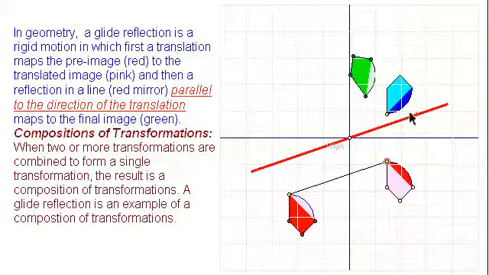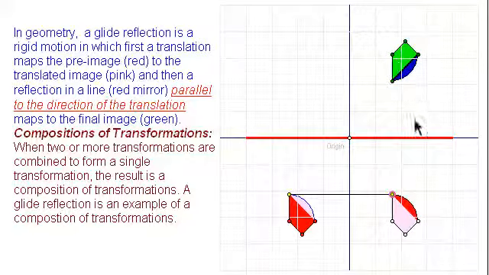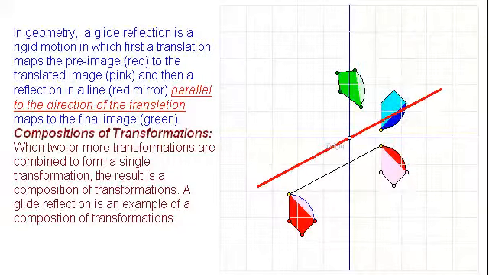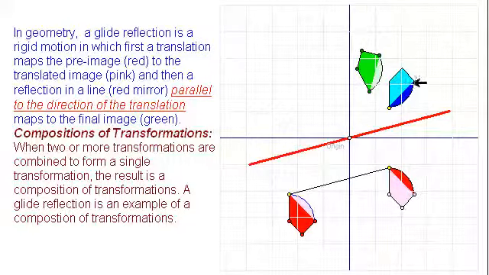But what happens if I make this red line, which is the line of reflection, parallel to the x-axis? What I mean, if I make this line a horizontal line, then the green and the blue image, because the line of reflection in this case is the same as the x-axis, these two images have the overlapping.